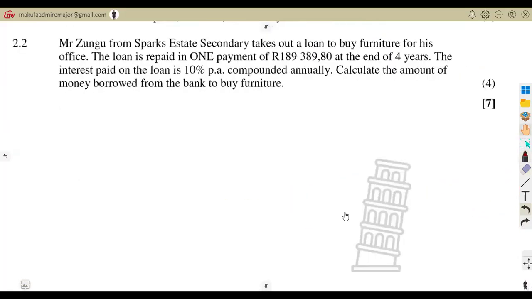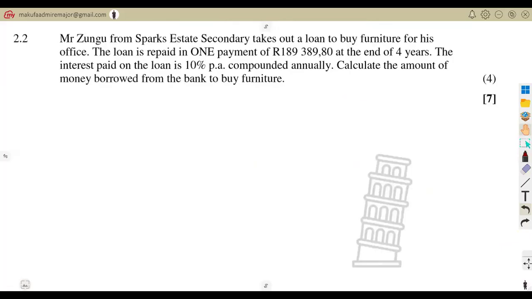Question 2.2. So we are given Mr. Zungu from Sparks Estate Secondary takes out a loan, take note, to buy furniture for his office. Took a loan. So the loan is repaid in one payment of, meaning to say, when it has accumulated everything, this is what is supposed to be repaid.